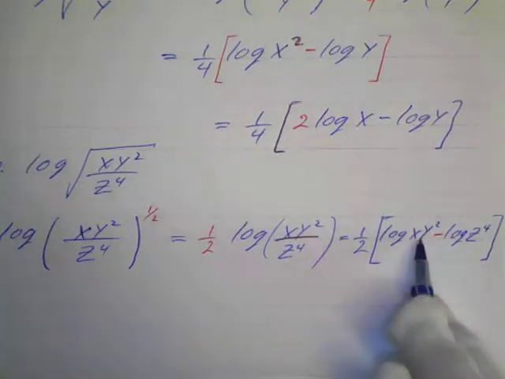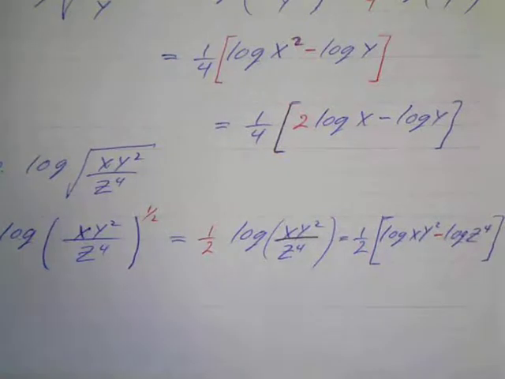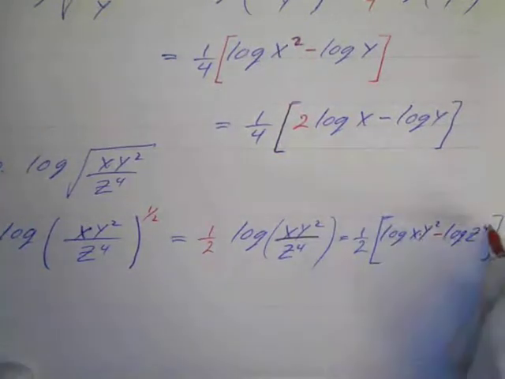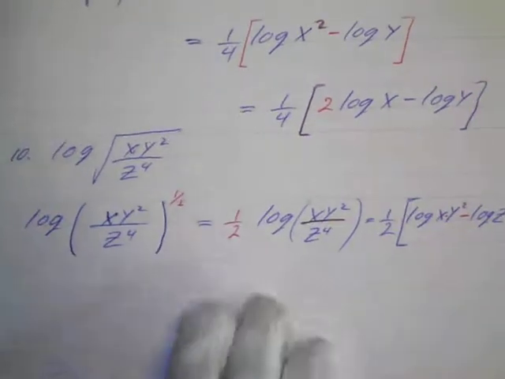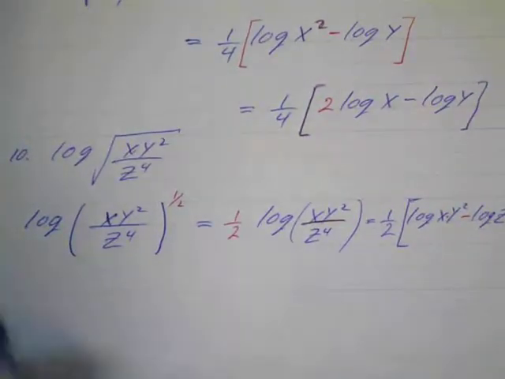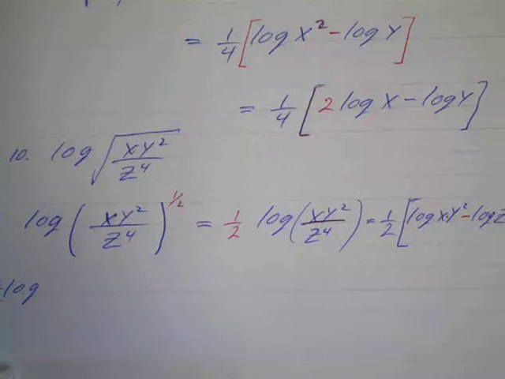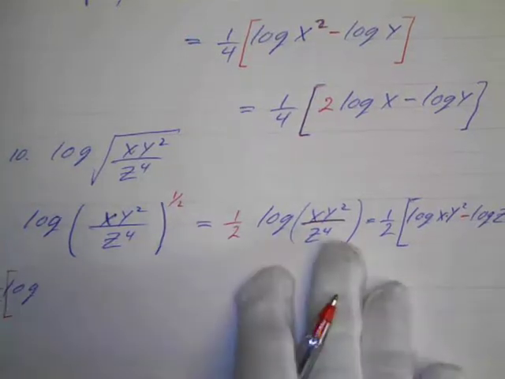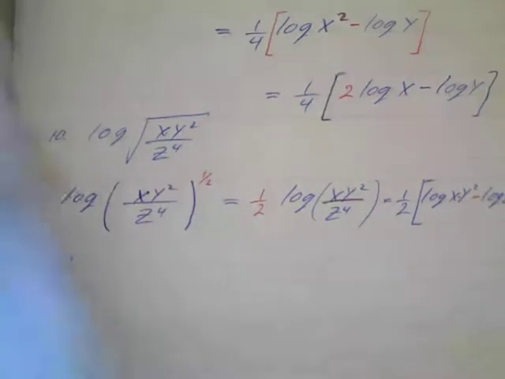Now this is going to be the log of a product, so I can break this up. And I also have an exponent here, so I can do two things at the same time if I want. I have a 1/2 in front, so don't forget my 1/2, and I've got parentheses around all this.